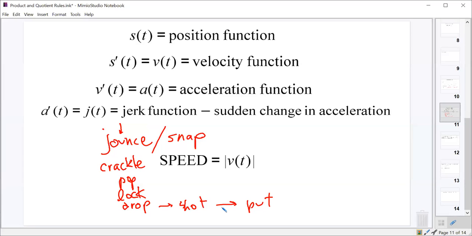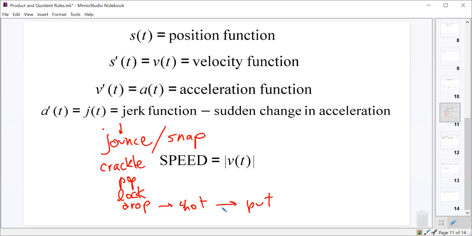And then suppose as we're doing that, we hit a pothole in the road. Well, the pothole gives us a sudden change in that sudden change of our acceleration. So that's going to be our jounce. And then suppose something small happens to affect that. Well, then that's the next one, and so on and so on.